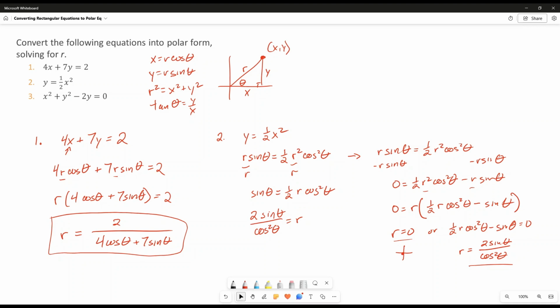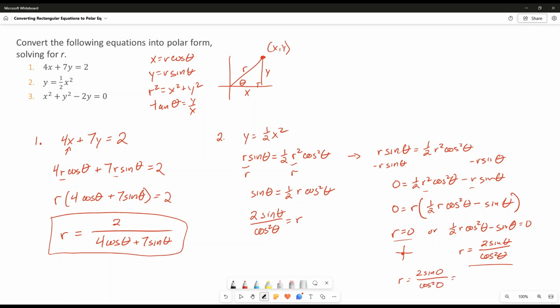Another way that we can reason through that we don't need to include this as a secondary solution is if I were to plug 0 in for theta into my 2 sine theta over cosine squared theta. So 2 sine of 0 over the cosine squared of 0.